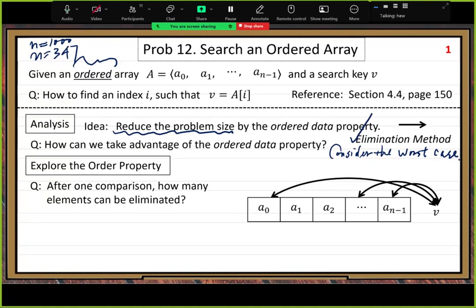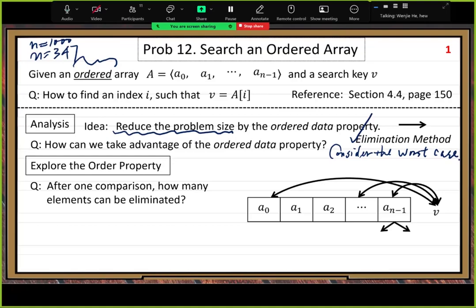How many elements can be eliminated? We have so many different cases. Look at the first case. We want to do a few experiments. The first experiment is to compare V with the last element. Then we have two cases.